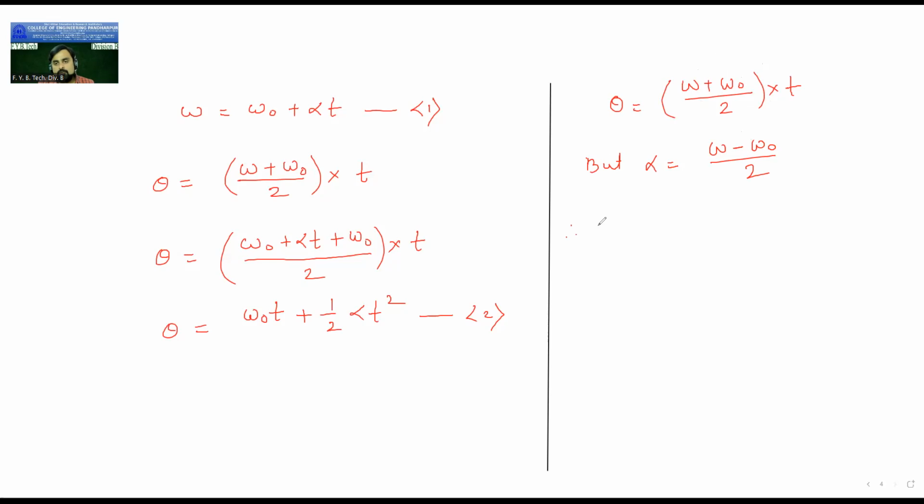So therefore, theta is equal to what you will get here now? It is omega plus omega 0 by 2 into, here I have made some mistake. So here that alpha is equal to, it is not 2, it is divided by t.